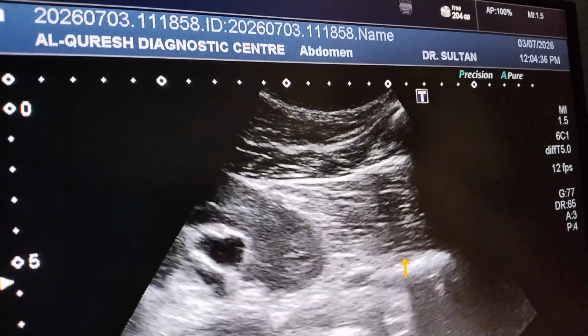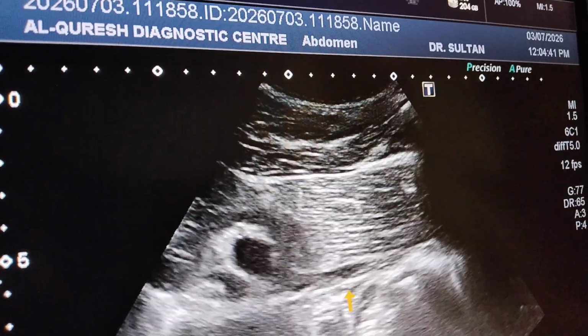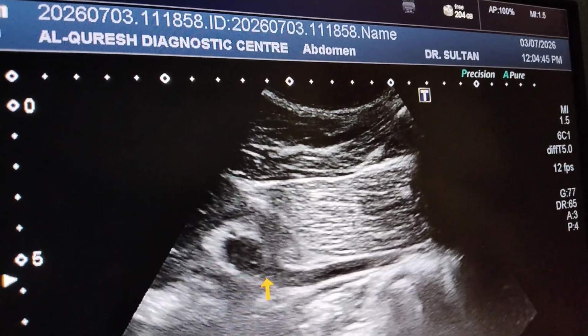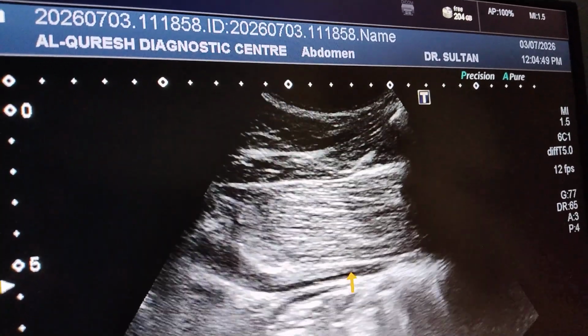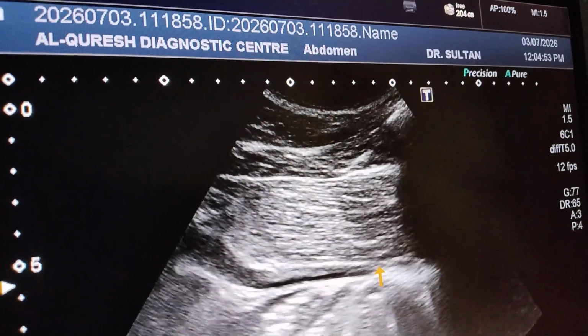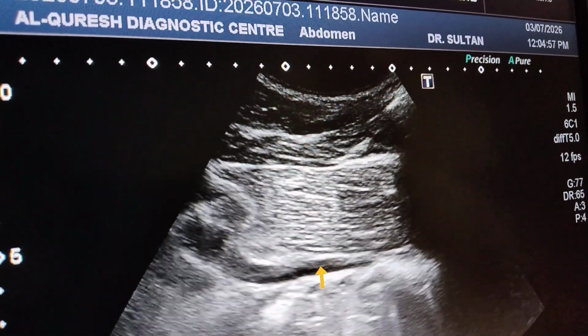So then we tilt the probe slightly, angle it upward. Now look here. This is the PUJ, and this is the proximal ureter, and we can easily appreciate the right ureter.